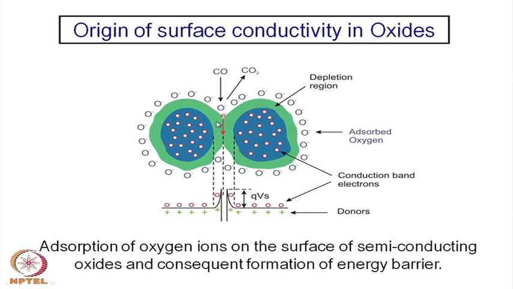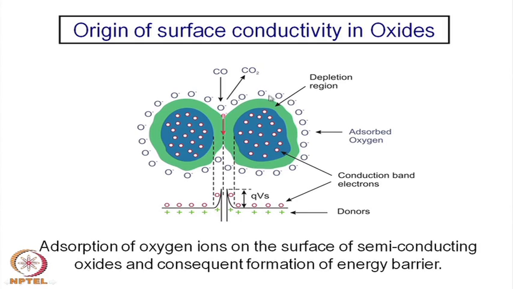So, there is a creation of what we call the depletion zone or depletion region, that means electrons are no longer there. The electrons which were inside the crystal are still remaining, but the electrons near the surface have been picked up by the oxygen available in the atmosphere.